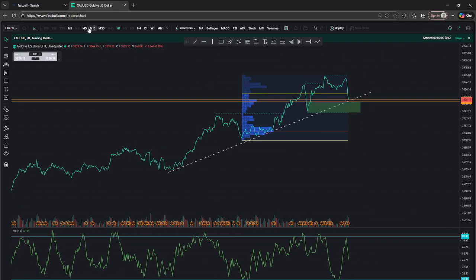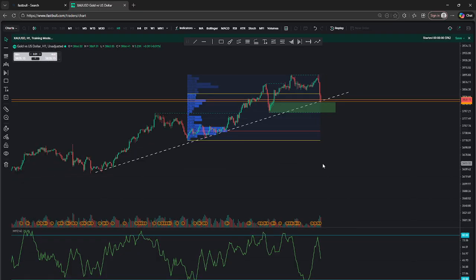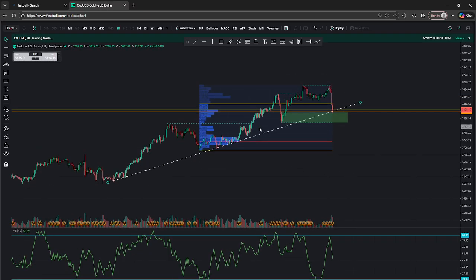Let's see how this level reacts. On the other hand, you can expect that if this won't hold, we can wait and see for liquidation on this level.